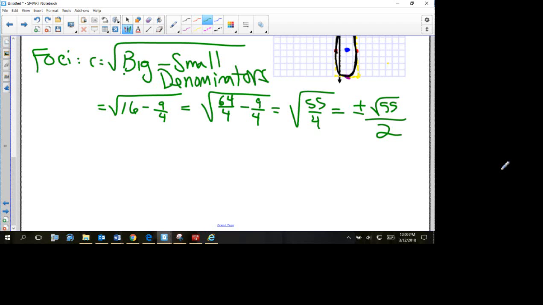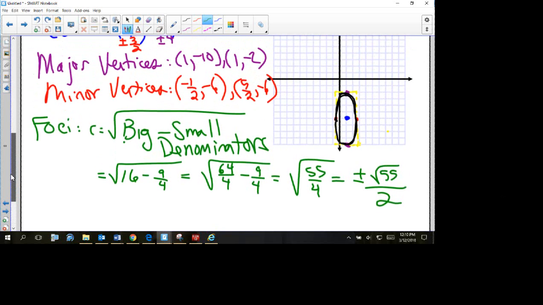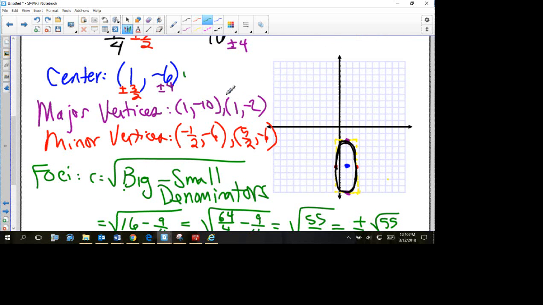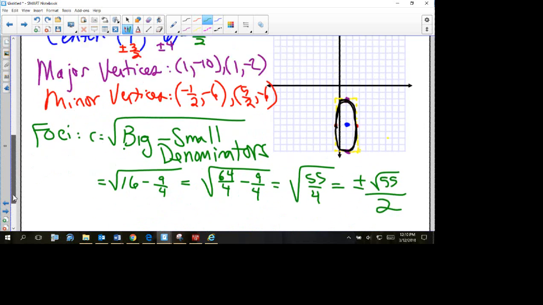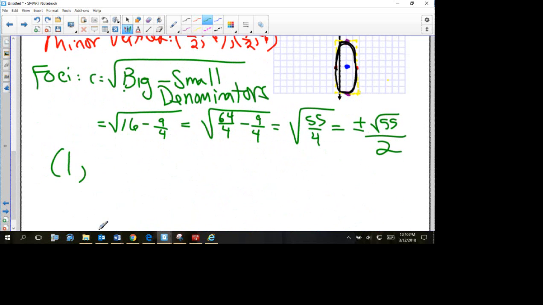And then we write our foci. The foci we know go on the major axis, so it's going to go from the center to the y values, square root of 55 over 2. So my foci will be (1, -6 + sqrt(55)/2) and (1, -6 - sqrt(55)/2).